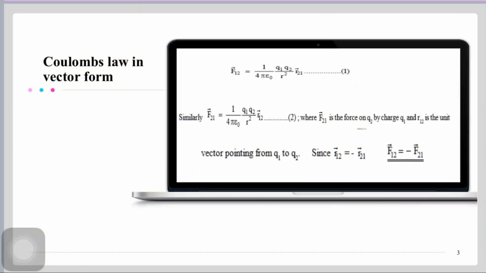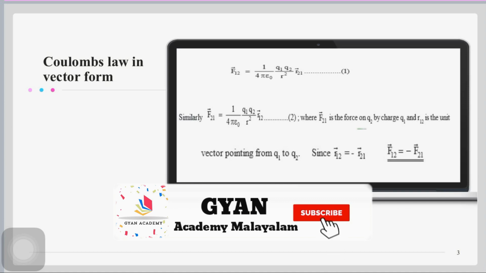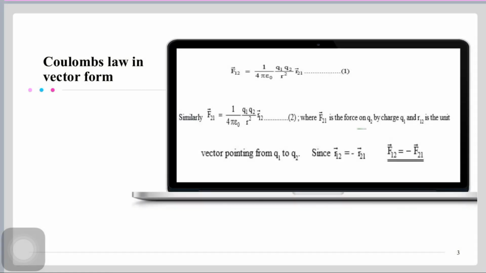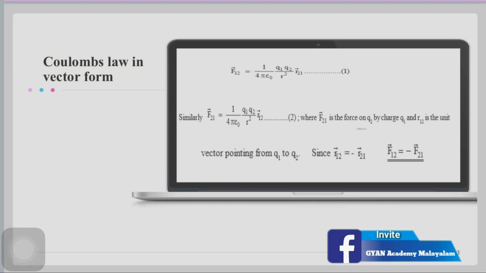Now we can see how to represent Coulomb's law in vector form. Here is the vector representation of Coulomb's law. The force is a vector quantity, it has both magnitude as well as direction. Q1, Q2 are charges, which are scalar quantities. So the only vector parameter here is the radius vector.